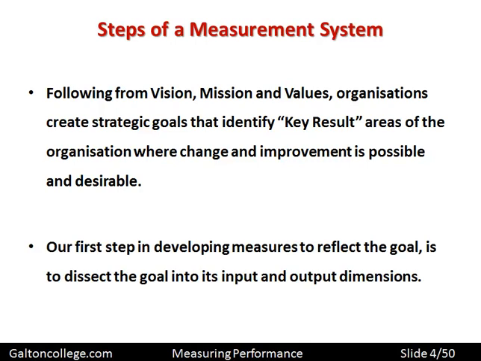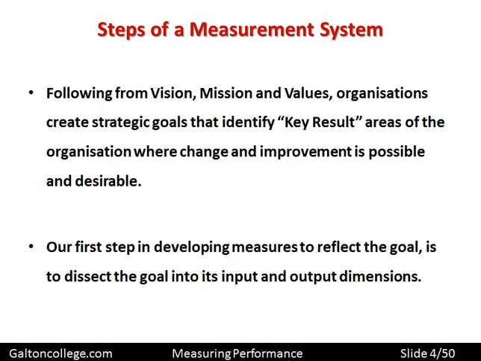Our first step in developing measures is to reflect the goal. Now, our first step in measuring this is to reflect the goal in a way which dissects it or breaks it into its input and output dimensions. So the company is aiming for a particular structure, a particular orientation in the future, which is written into its mission statement.